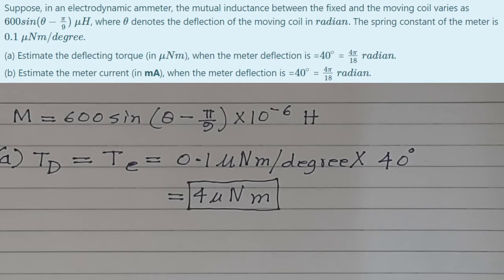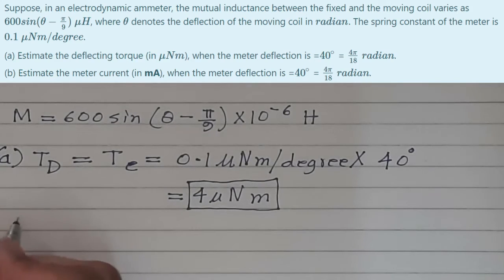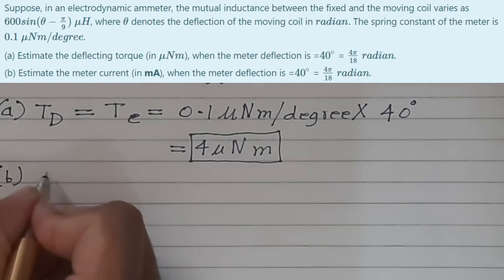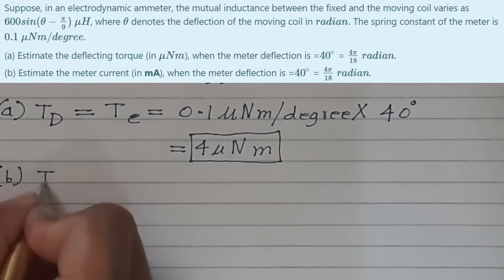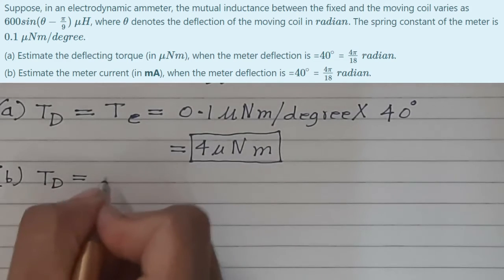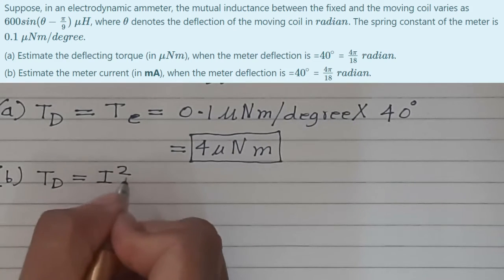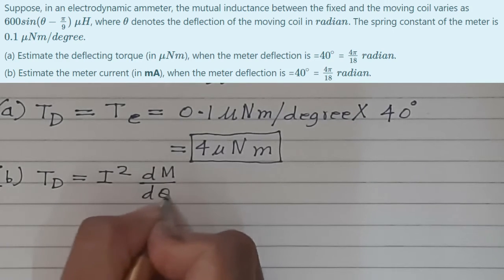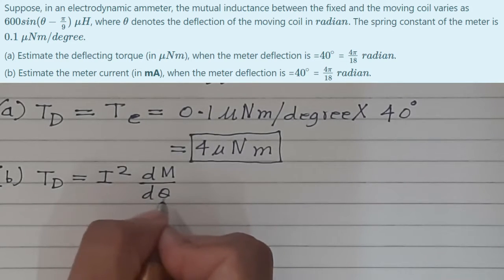Now in part B, we have to estimate the current that flows through the two coils. For that we will use this relationship: deflecting torque is equal to I squared into dM d theta, where M is the mutual inductance and theta is the angle of deflection in radian.